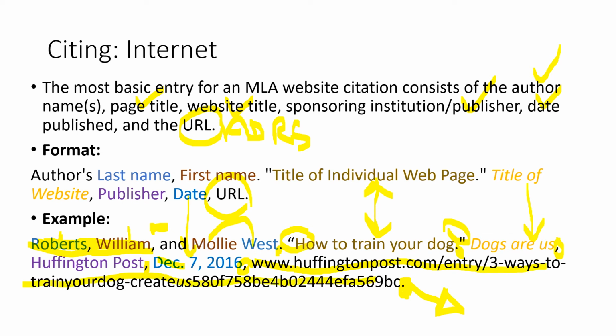So what that does is it tells your reader, look, I cited William Roberts and Molly West in my paper. And here is the website where you can find the information I cited. I mean, that's all it is. It's a list of where you got your info.